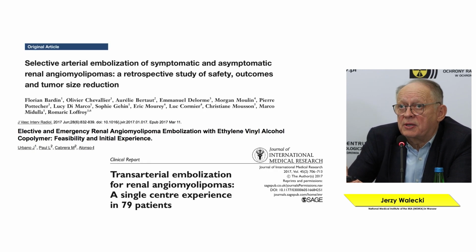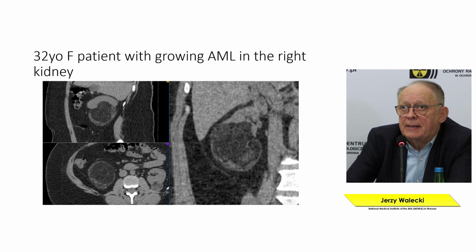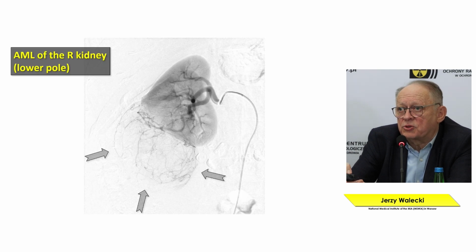So interventional radiology is often now used by oncologists. Here I'm presenting some papers on the options provided by arterial embolization, embolization of symptomatic and asymptomatic renal angiomyolipomas. So embolization of arteries is used for the purpose of oncology.